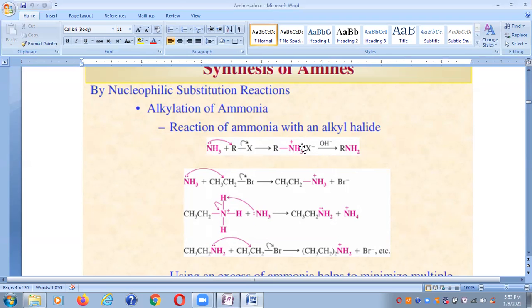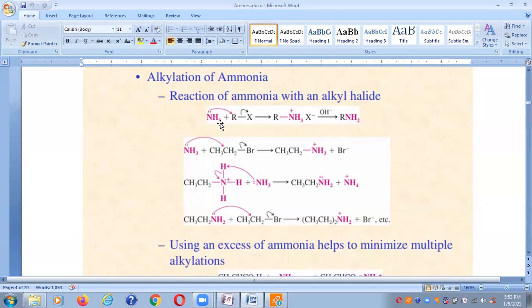This part is known as primary alkyl ammonium ion, and this is X minus. Minus will form an ionic bond with plus, so this is nothing but a salt. On hydrolysis, this salt will be converted into amines, or when it is treated with base. So this is alkylation, single alkylation, mono alkylation.